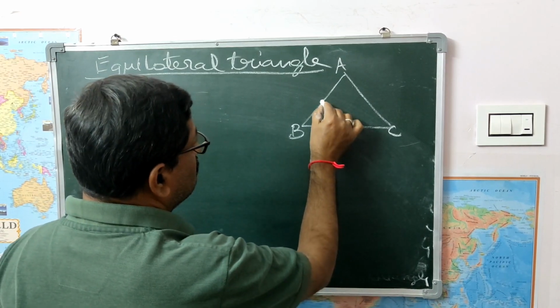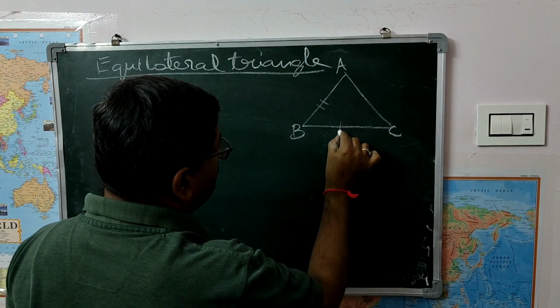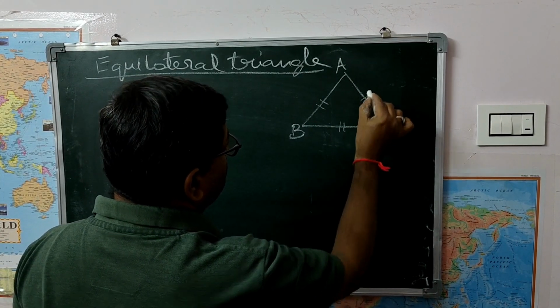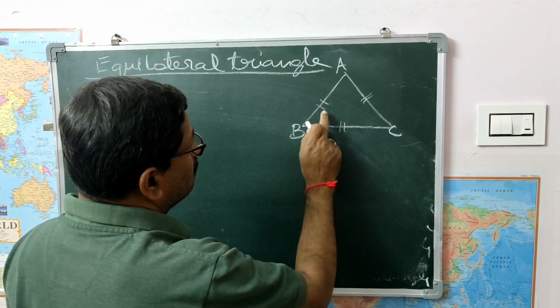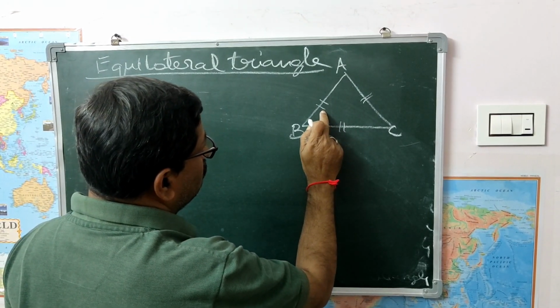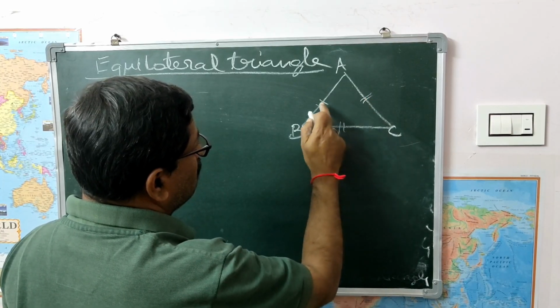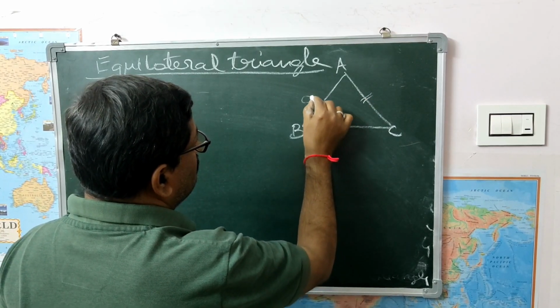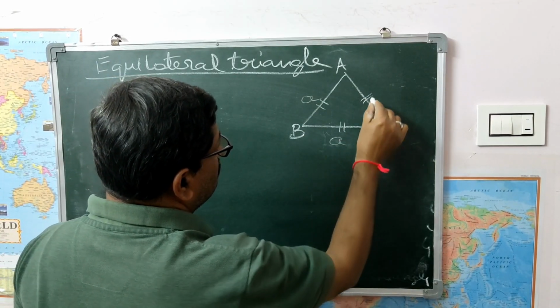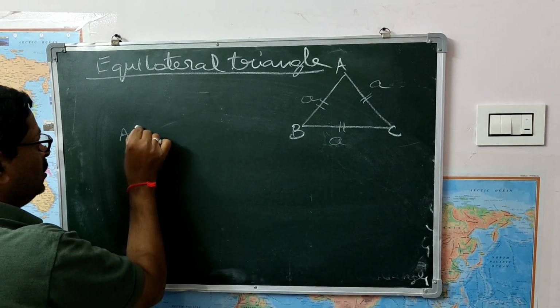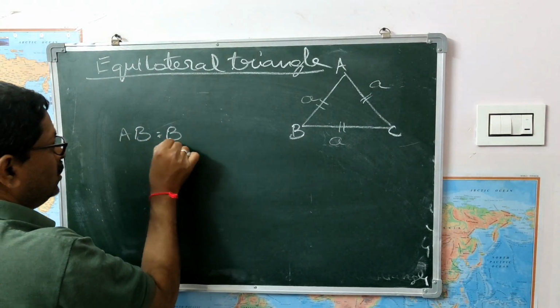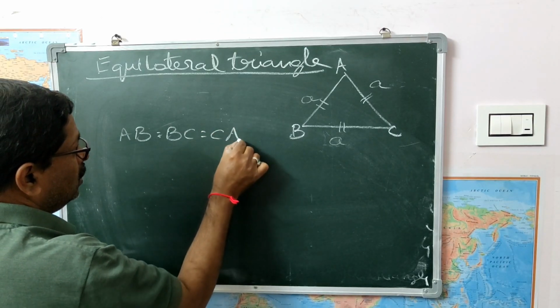For example, equal means we write the equals symbol like that. That means whichever sides have this symbol are equal. For example, if this is A, this is A, this is A, that means AB is equal to BC is equal to CA.